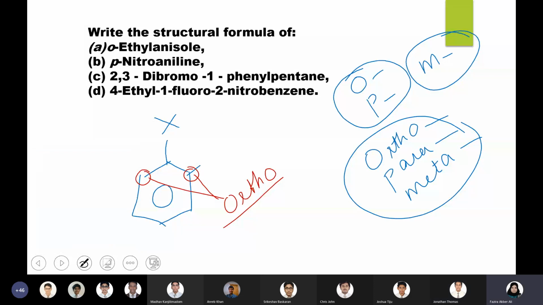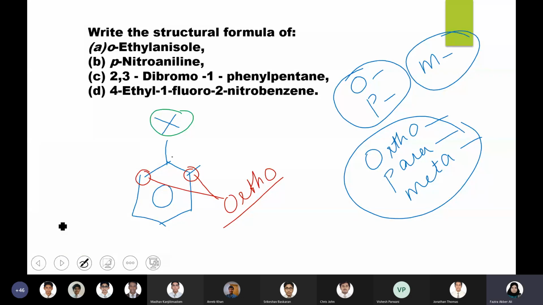Ma'am, so we use O, P and M only when there's more than one substituent, right? Yes, more than one substituent. If there is only one, no need to use ortho, para, and meta. Ortho means with respect to the most prior group. That is the meaning. So that is why I wrote X, which is the first substituent. If the second substituent is on either of these two adjacent positions, then it is known as ortho.